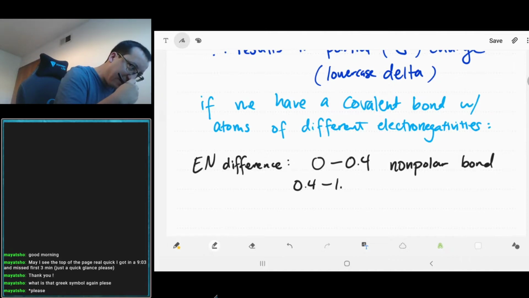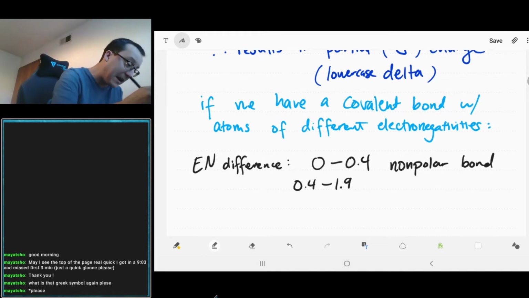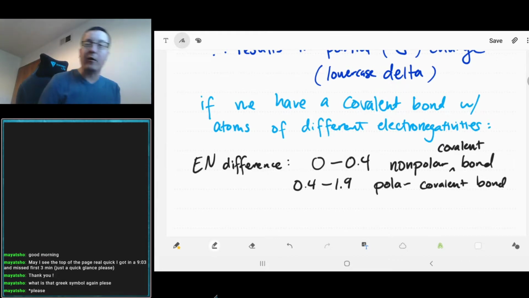And usually the other criteria is if it goes to about 1.9 in the electronegativity difference, that's going to be a polar covalent bond. Of course, this is covalent as well. Sorry, I forgot that word.